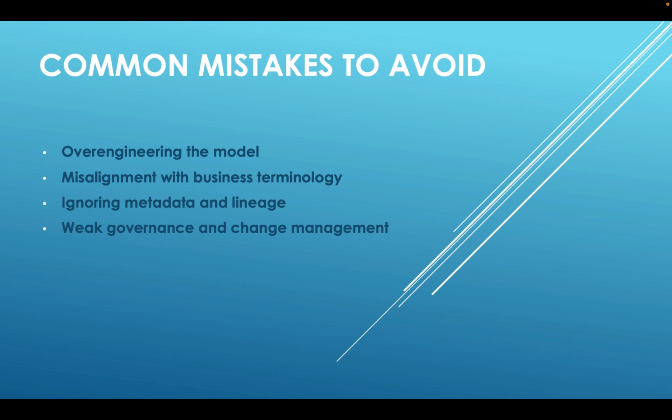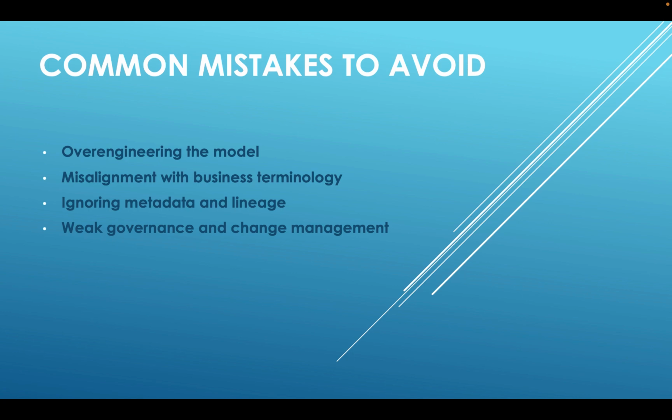I mean, it's a massive canonical model, and that doesn't really help. The canonical model should be minimal and pragmatic. It should capture only the fields that are truly common across systems. Remember, simplicity scales. The more complex your model, the harder it will be to maintain and evolve.